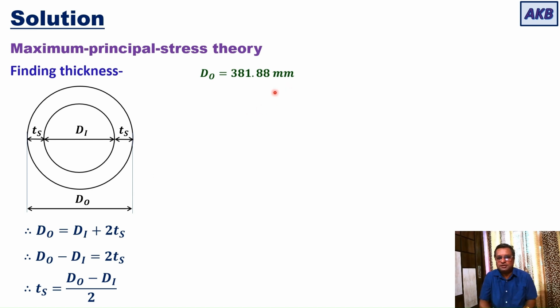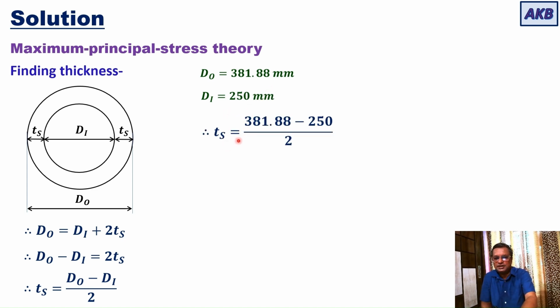Do we calculated in the previous step, it is 381.88 mm, and Di is given to us, it is 250 mm. Therefore, ts will be 381.88 minus 250 divided by 2. That gives us ts as 65.94 mm, and I can approximate it to 66 mm. Based on the new value for ts, I can calculate the updated Do.